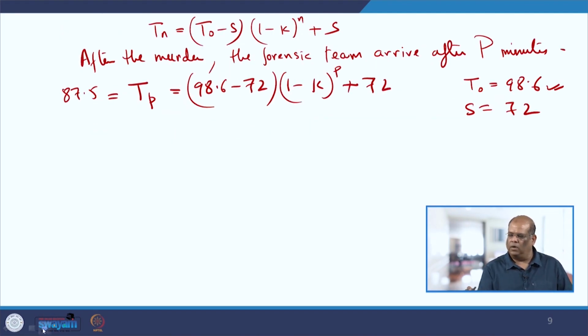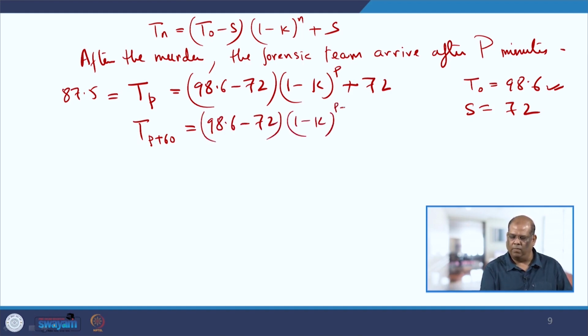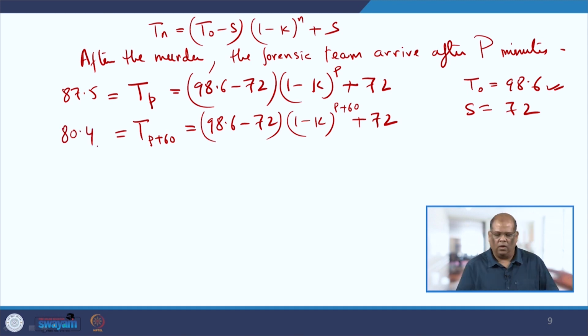And after 1 hour, if I write it in minutes, this is p plus 60. The temperature T0 remains the same, the surrounding remains the same, (1 minus k), p is replaced by p plus 60, plus 72, but this temperature is 80.4. So, now you have to solve this.